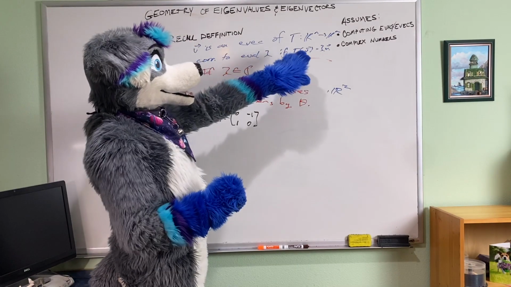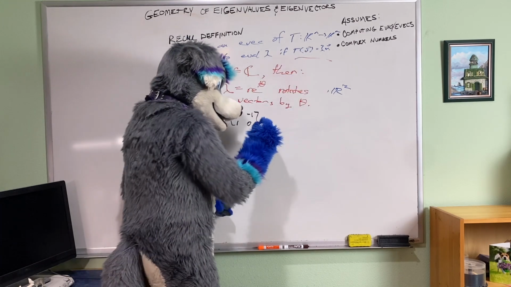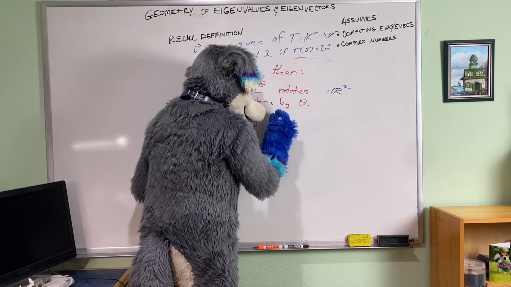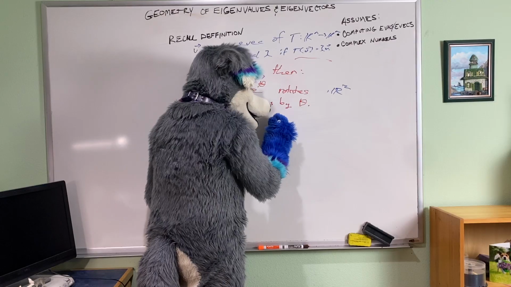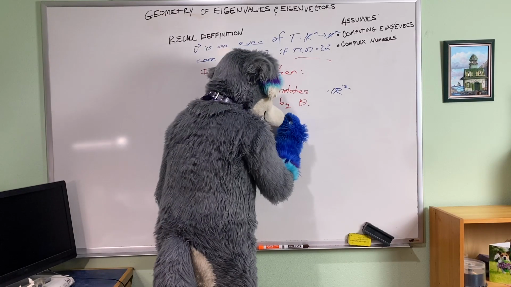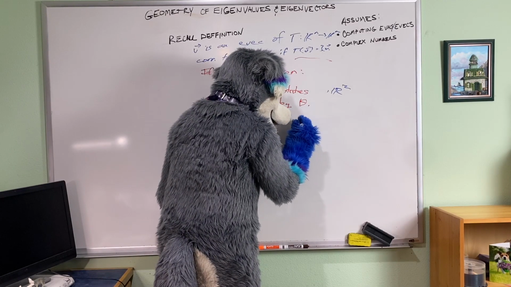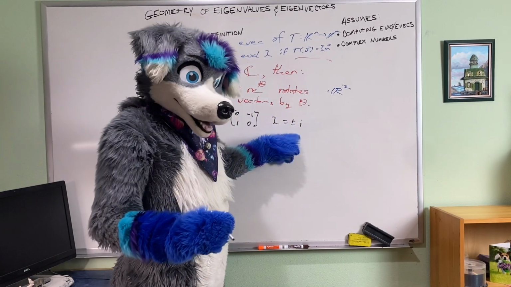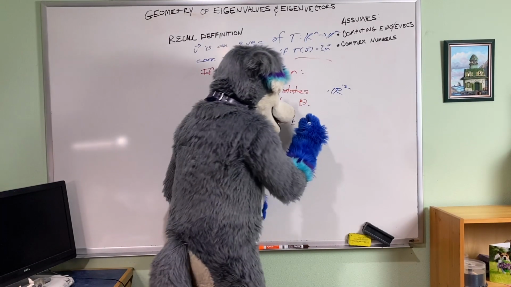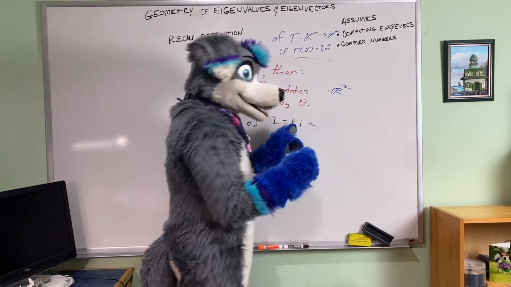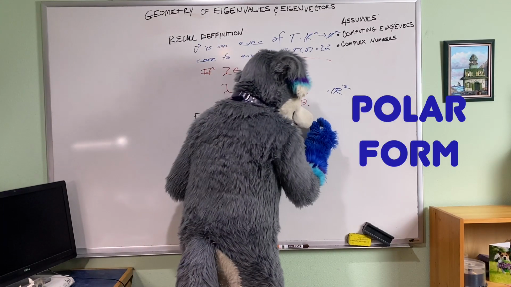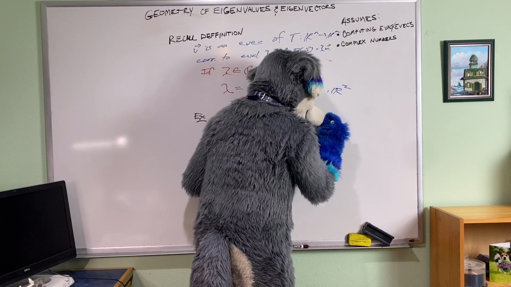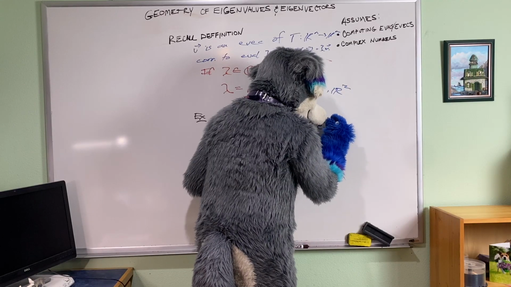So, again, if you were to compute the eigenvectors and eigenvalues, you will get that the eigenvalues are plus or minus i. That's the imaginary unit. Not me, but i. If you remember, again, complex number stuff, this can be written in polar form as e to the i times pi over 2.